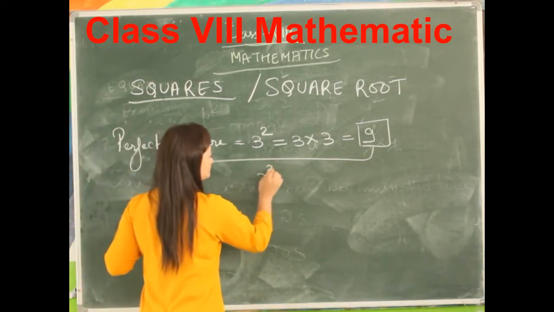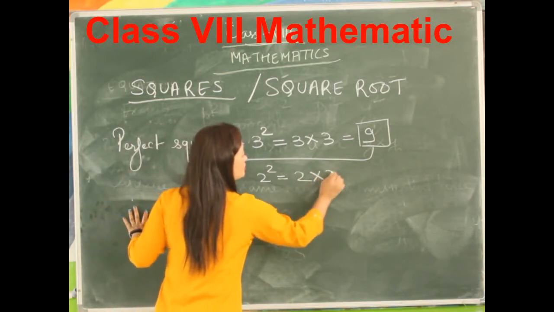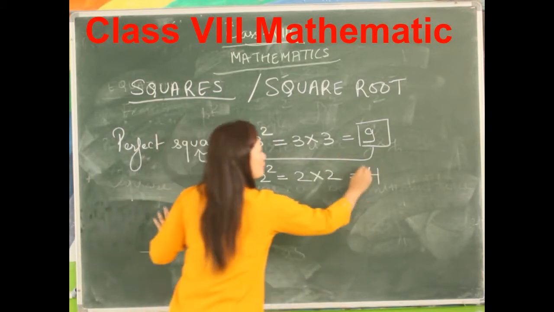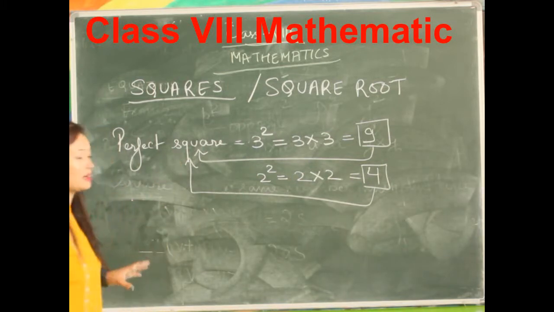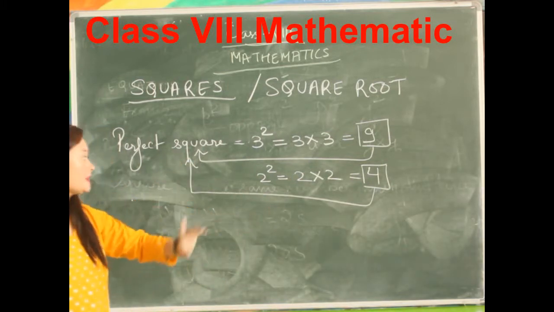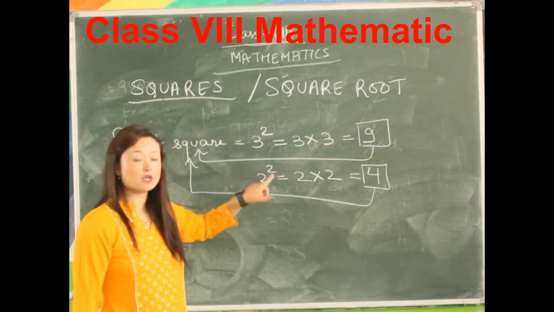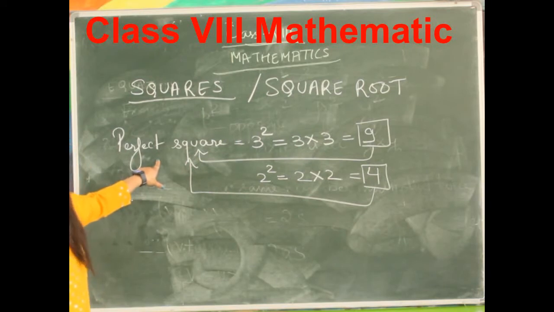Another example, 2 squared. What's 2 squared? 2 into 2, and we get 4. So 4 is a perfect square, because 4 is also a natural number and it is the square of 2, which is also a natural number.